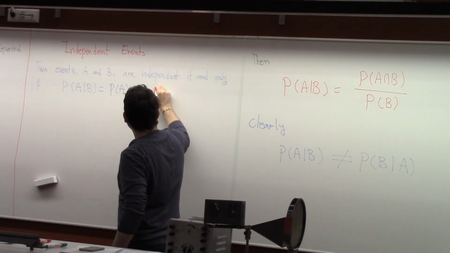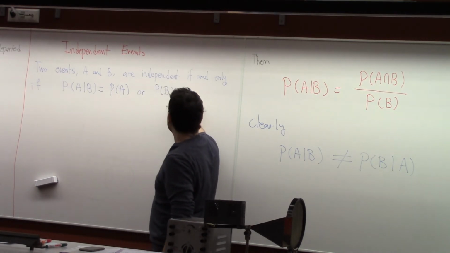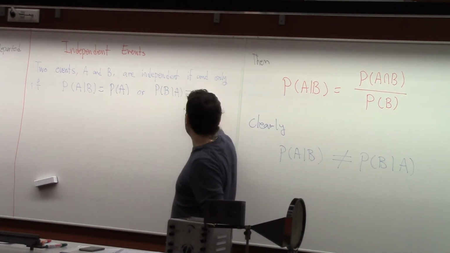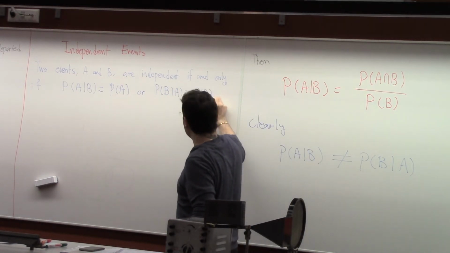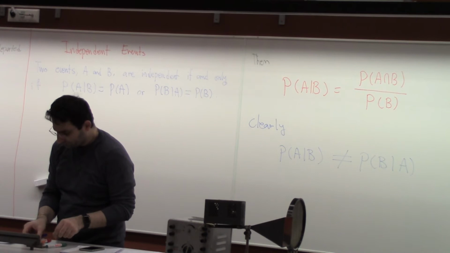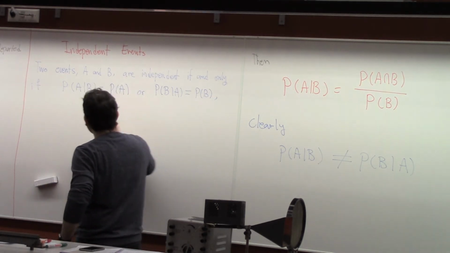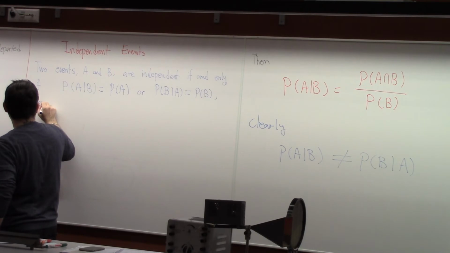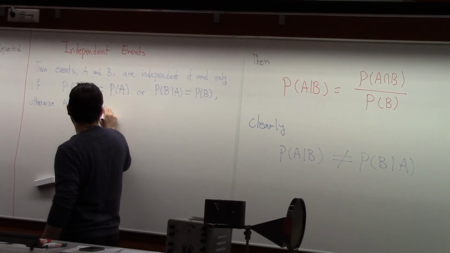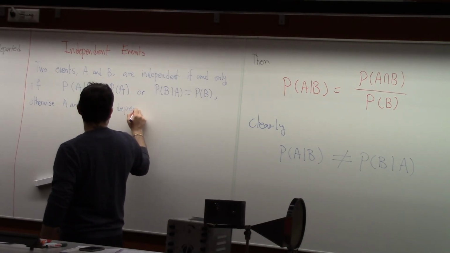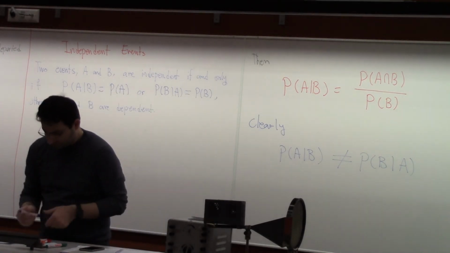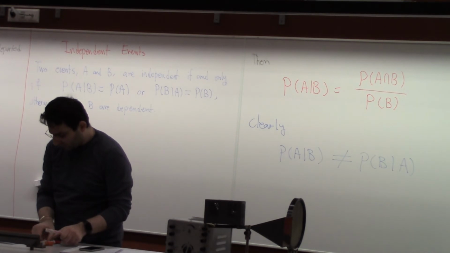Or the probability of B given A, this time, is the probability of B because it doesn't depend on A. Otherwise, A and B are dependent. So it's a very good way to test if two events are independent or not.